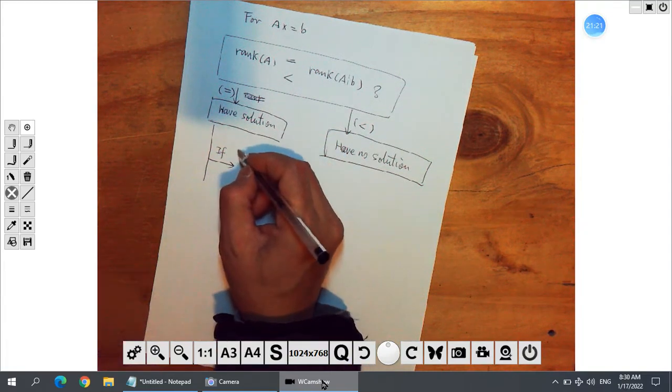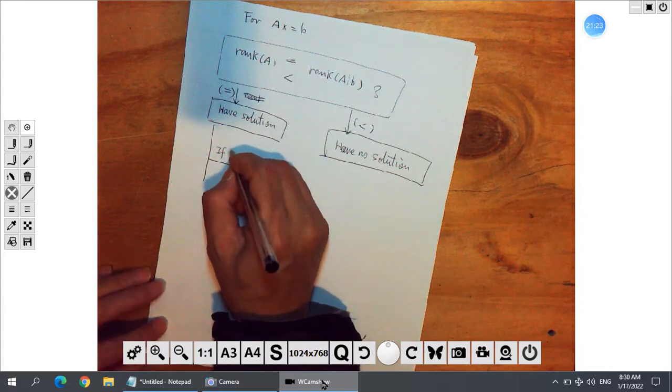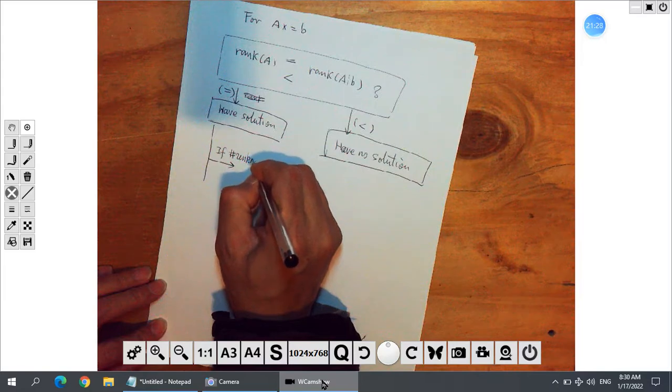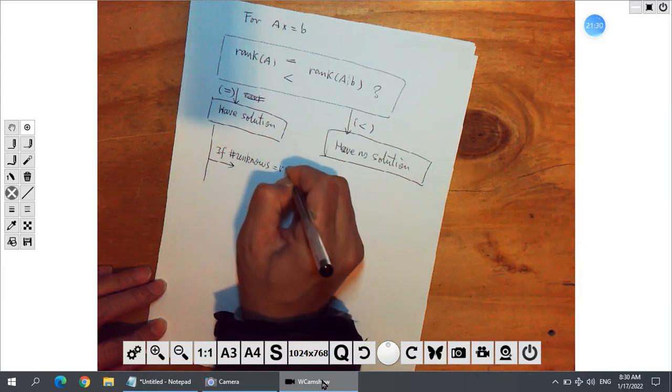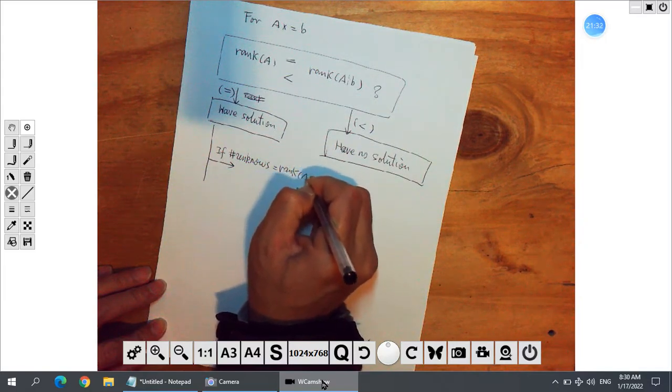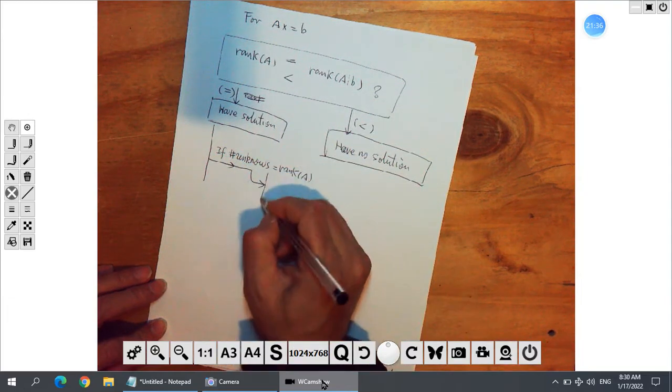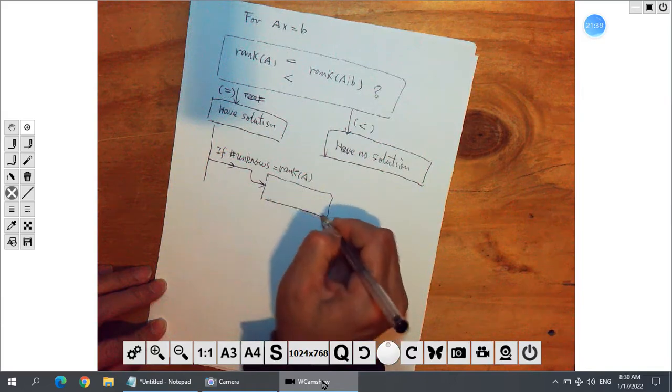So it is like this. If the number of unknowns equals the rank of A, in this case, we have a unique solution.